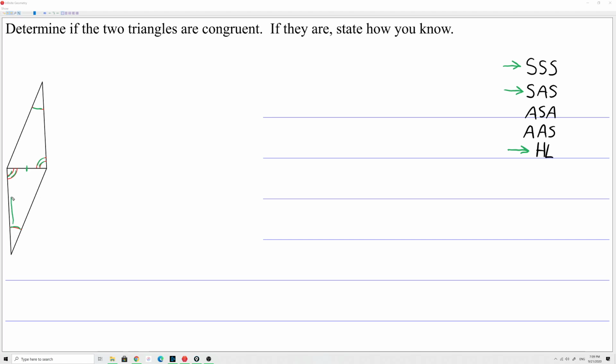If I move along this side of the triangle, I'll hit the angle with 2 marks, and then I can move across the side that they have in common. If I go through the same motion on the other triangle, starting at the angle with 1 mark, down to the angle with 2 marks, then across the side, that's how I know that these 2 triangles are congruent by angle, angle, side. This is the order that I go in. First an angle, then another angle, then a side, as I travel around that triangle.